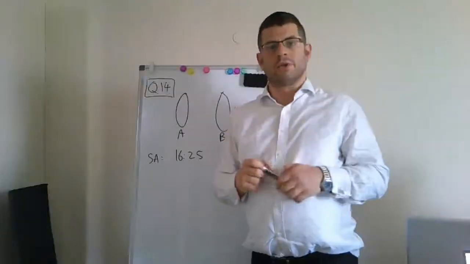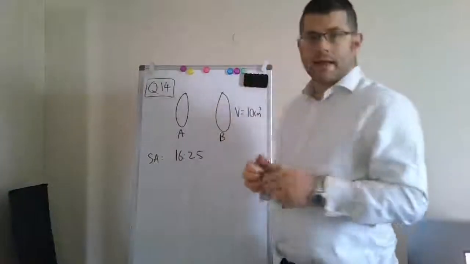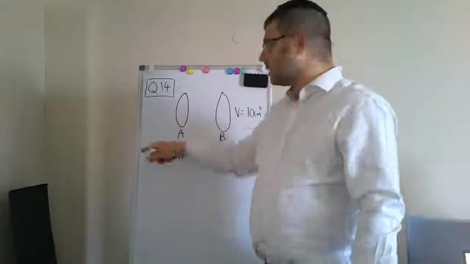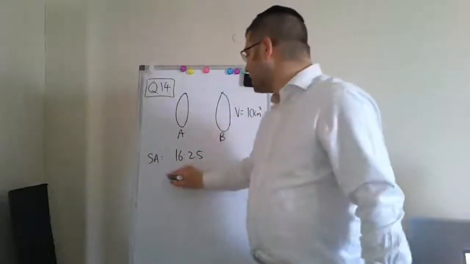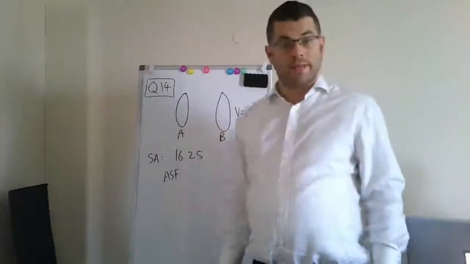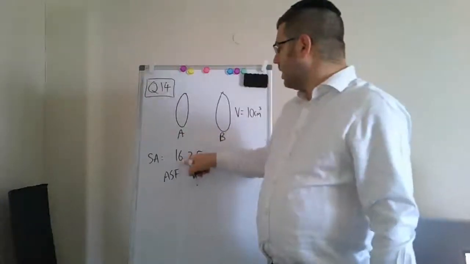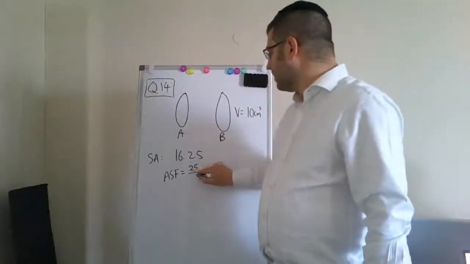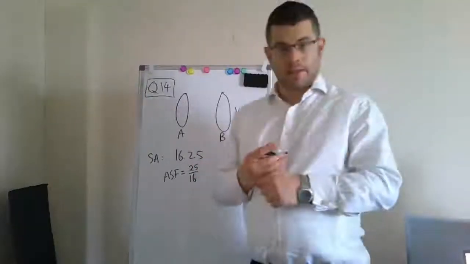I did say there was a second way to do it, and that is dismantling the ratio straight away. So if you're given a ratio, in this case of surface areas, you can go straight to the area scale factor. The ratio from A to B is 16 to 25, so in other words, the area scale factor would be 25 divided by 16.